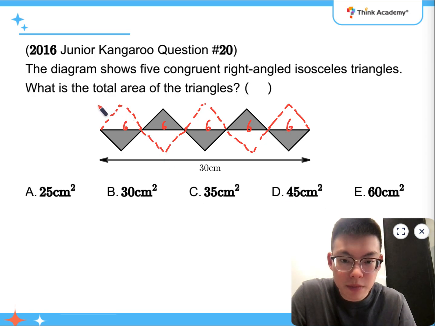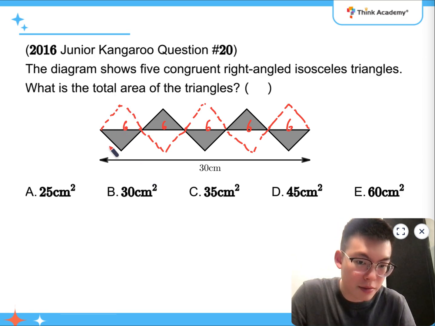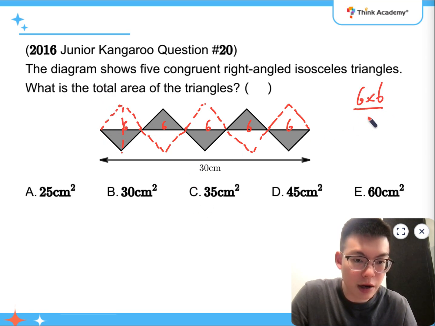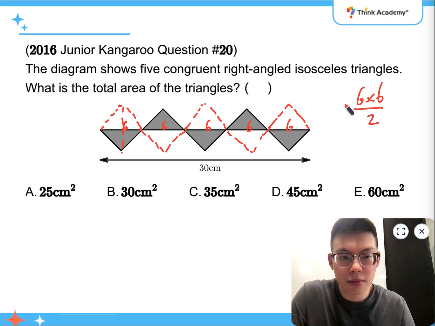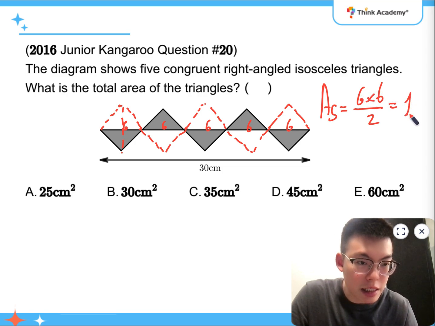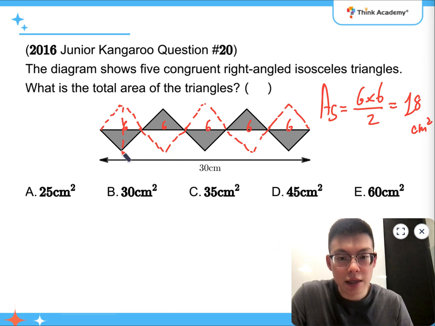Then each square has the area of 6 times 6 divided by 2, which is equal to 18 square centimeters. Now I have 5 of these squares, and each triangle is just half of the square.